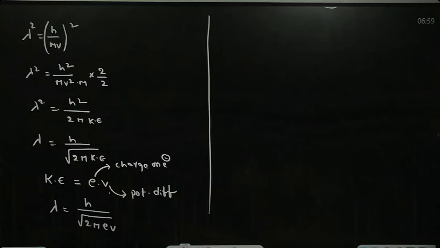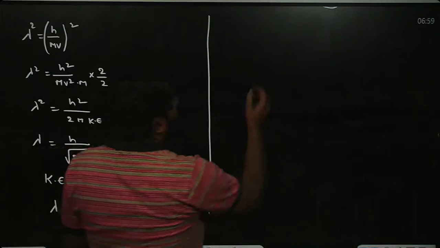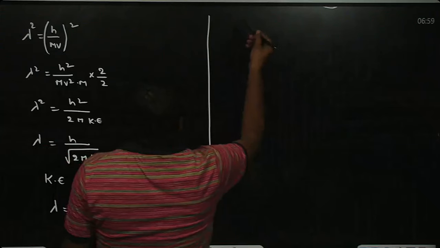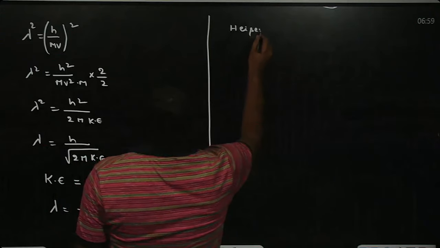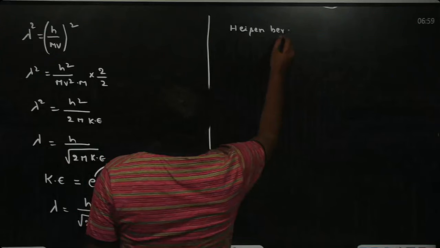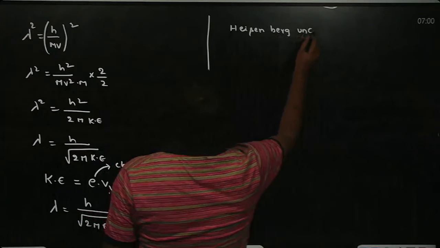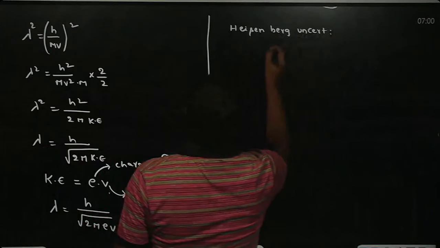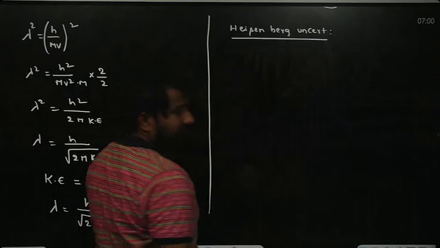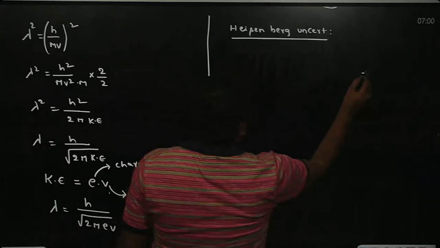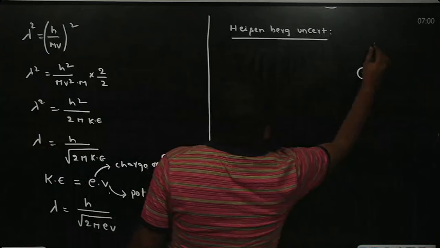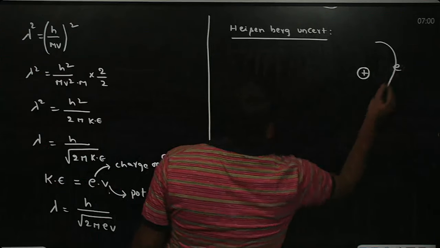Okay? Then after de Broglie's dual nature, we have the Heisenberg uncertainty principle. What is the Heisenberg uncertainty principle? For example, somewhere the electron is there in an atom. Here is the electron.